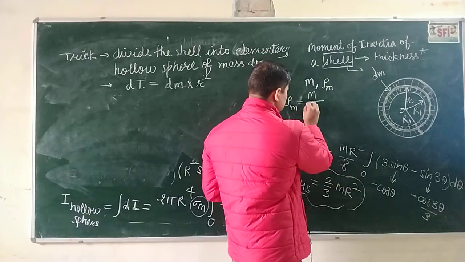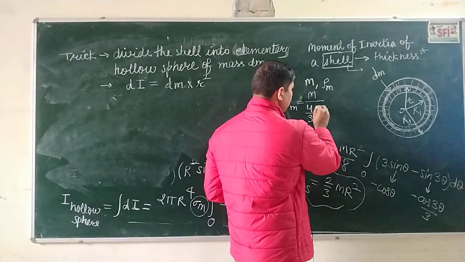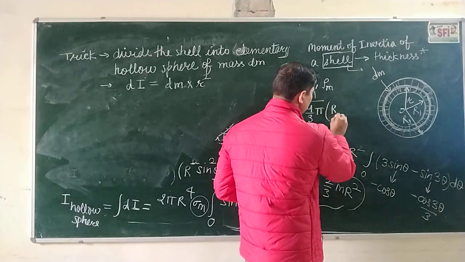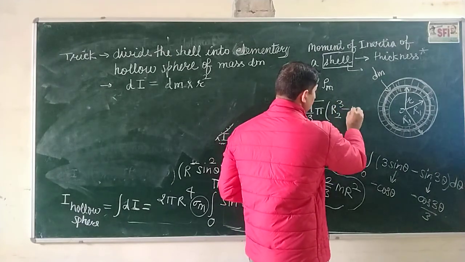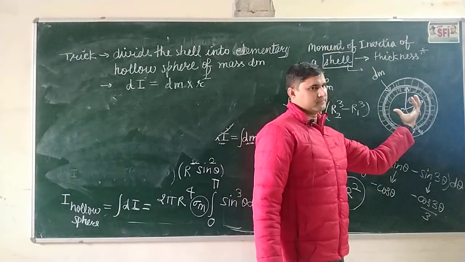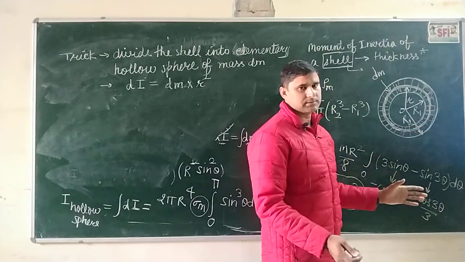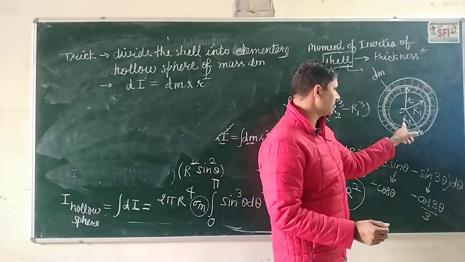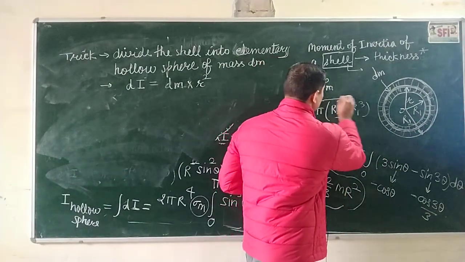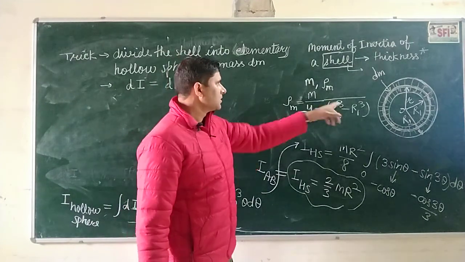The volume here is 4/3 pi r cube, and here the volume will be r2 cube minus r1 cube, because this is hollow from inside. So from this total volume you will decrease the volume of the sphere of radius r1. Okay, so in this way you will get the volume.